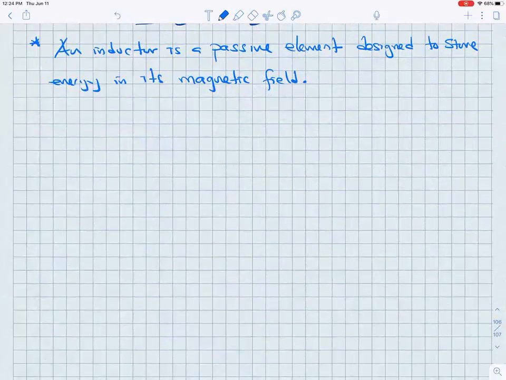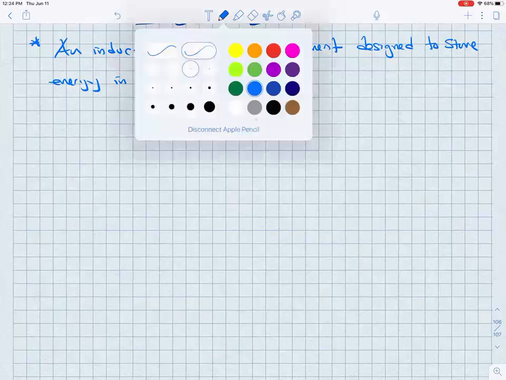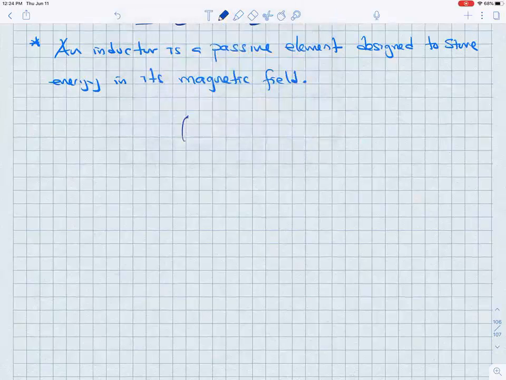I'm going to try to sketch something. I'm not very good with sketches. So let's say we have a core material. Okay, so this is like a cylinder.